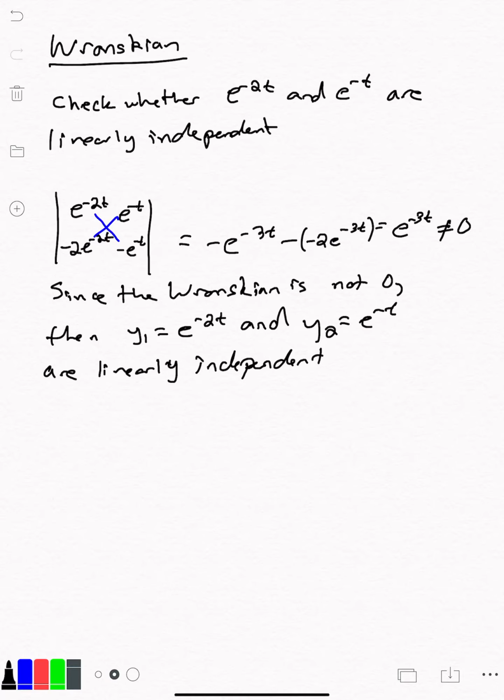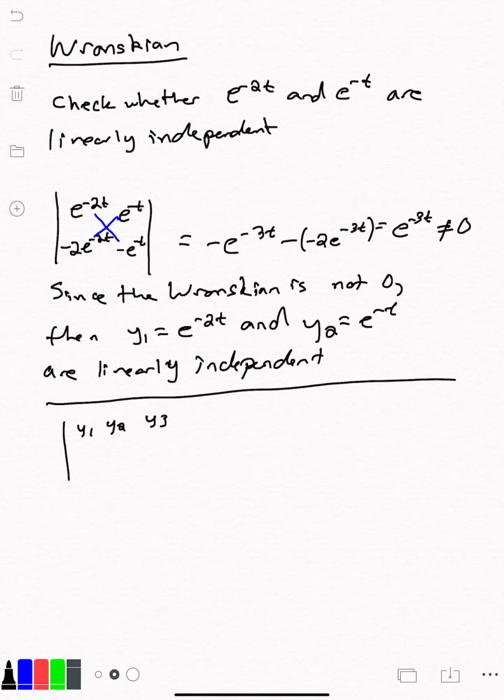Now you can do the same thing if you had a third order and you had 3 solutions. If you were going to do a Wronskian of 3, you write out all 3 functions on top, and then in the next row you take the derivatives of each. And because you need it to be a square matrix for a determinant, you go to the second derivatives for the third row.